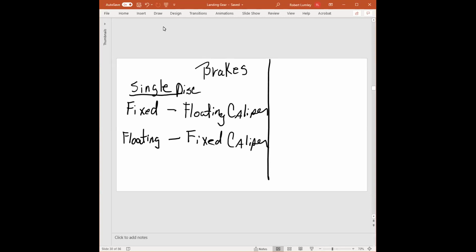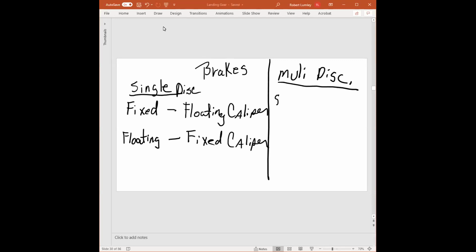And so the only thing that we can do is increase the number of discs. This is what's known as a multiple disc brake system.